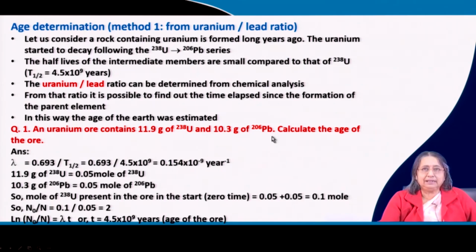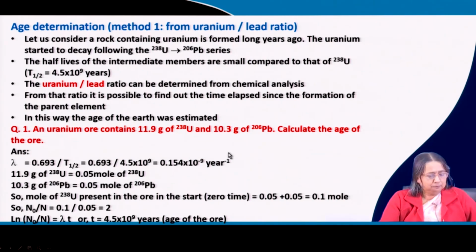If we can determine how much was there at the beginning, we can easily find the time elapsed. Here, from 1 uranium we get 1 lead. That is very important.